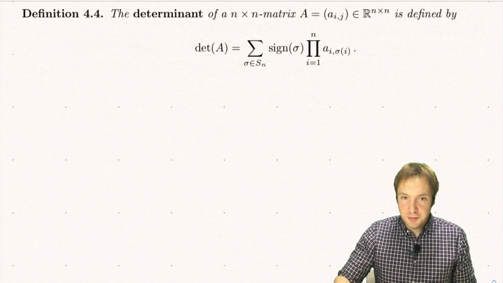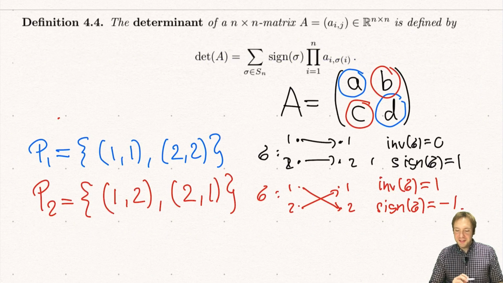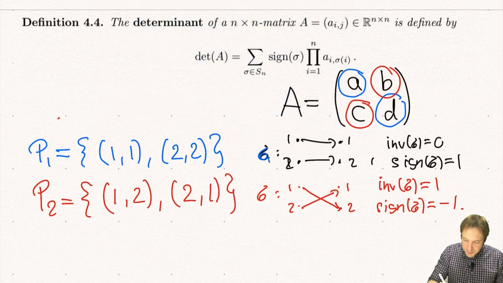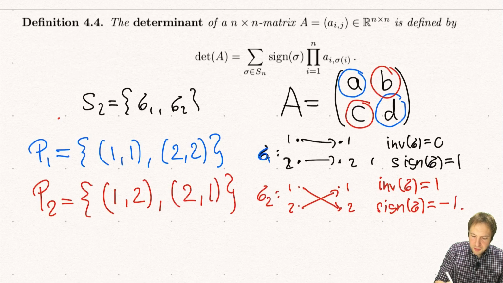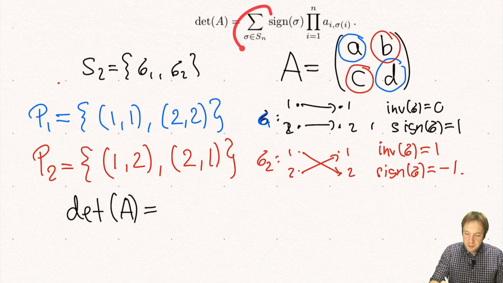And for this, we do one example. So we had this example. So there were two possible, so let's even give them names maybe. So sigma 1 and sigma 2. So this S2 in this case just has two elements, sigma 1 and sigma 2. And the determinant of this matrix A is therefore a sum over all elements here.